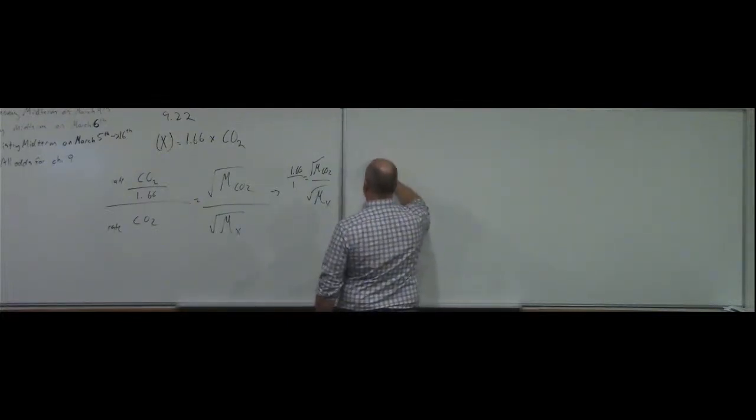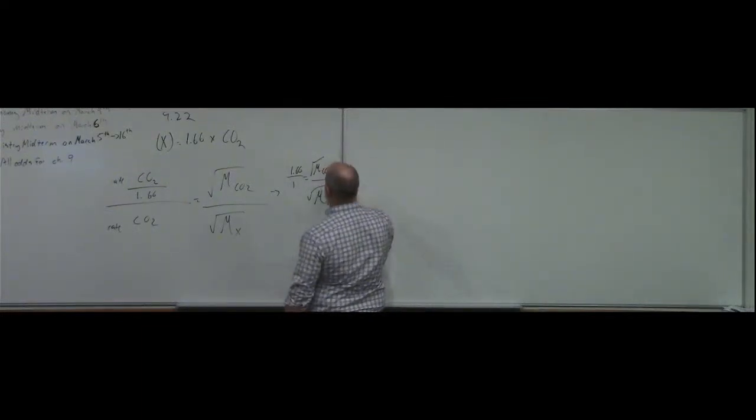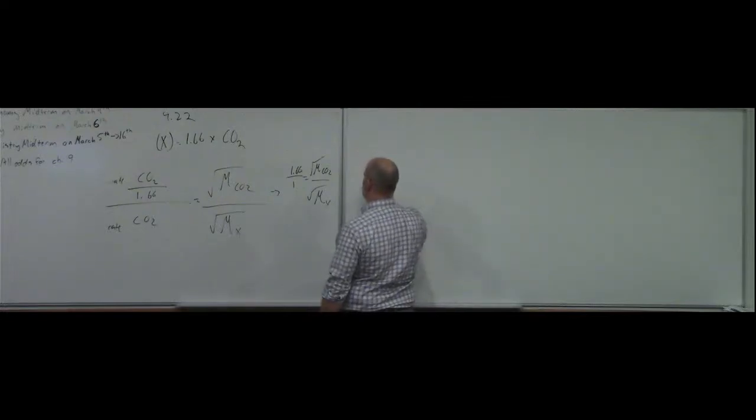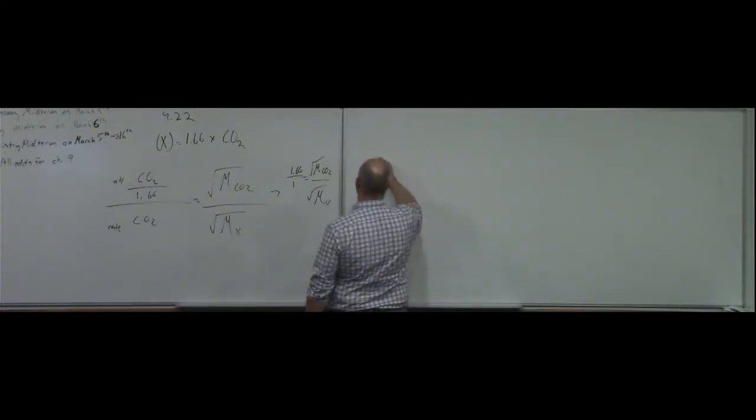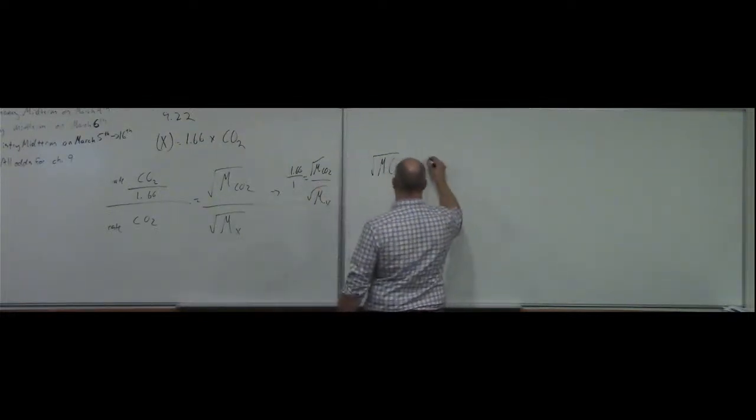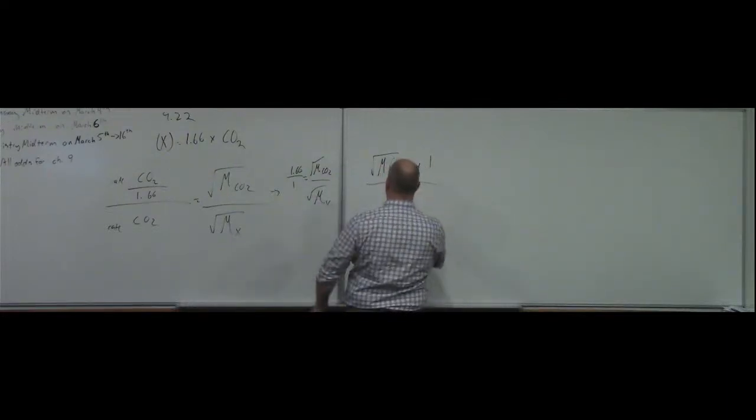So let's go ahead and do that, which means I'm going to cross multiply and divide, right? So I'm going to get the molar mass of CO2 times 1 divided by 1.66.